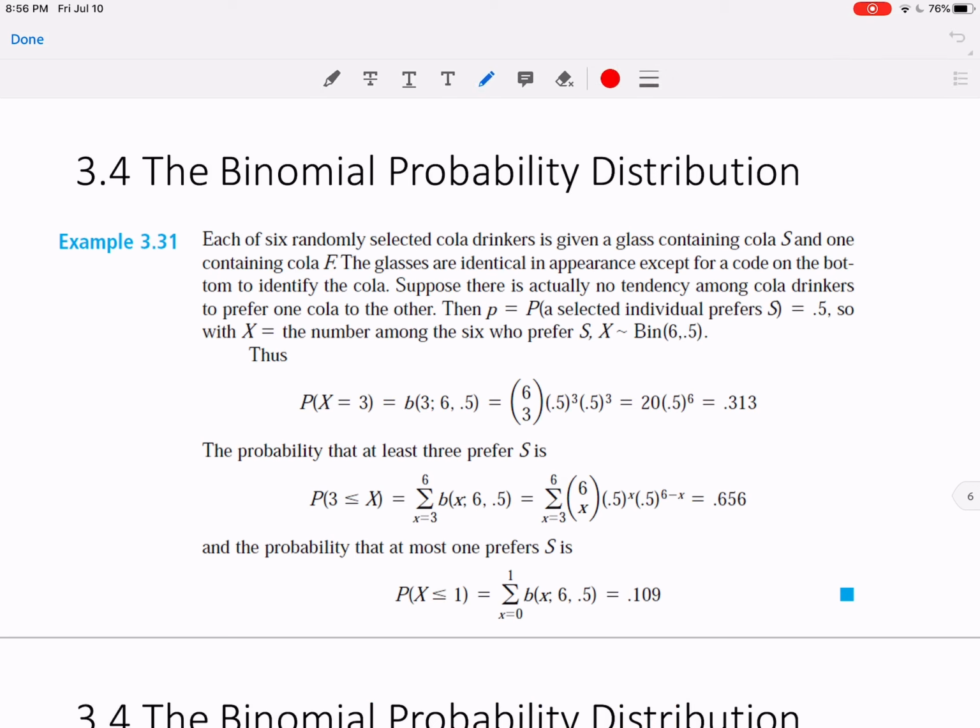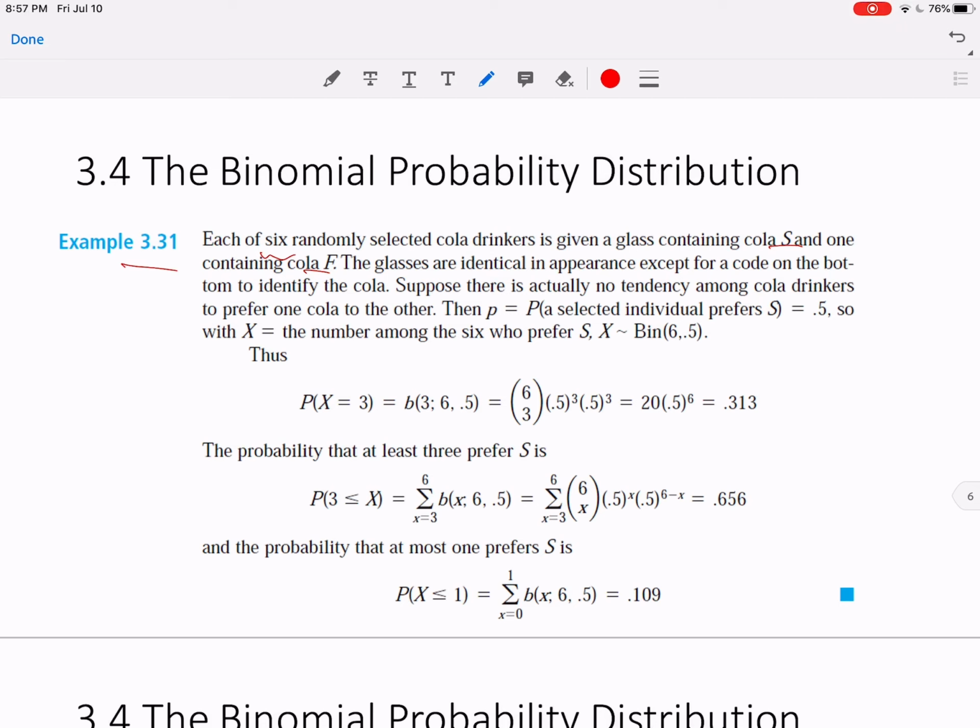So the problem says, this is from the textbook, example 3.31. Each of 6 randomly selected cola drinkers is given a glass containing cola S and one containing cola F. The glasses are identical in appearance except for a code on the bottom to identify the cola. Suppose there is actually no tendency among cola drinkers to prefer one cola to the other.